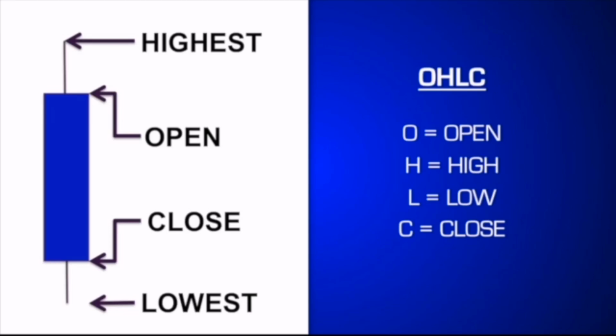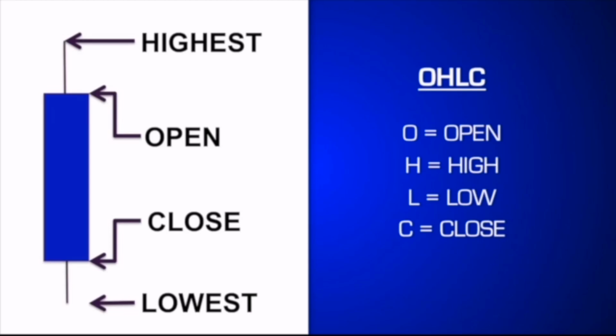And the L for low stands for lowest, which means this is the furthest down that this candle has reached. When I'm talking about the highest up and the furthest down, do you see the body region, that big fat portion? That means at one point, the body of the candle was all the way down to the very bottom.